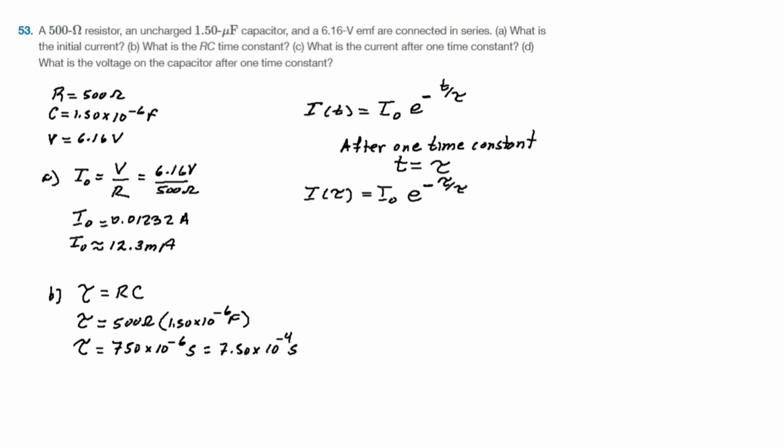So this would be I of tau equals I sub 0 times e to the power of negative 1. So this would be I sub 0 over e.